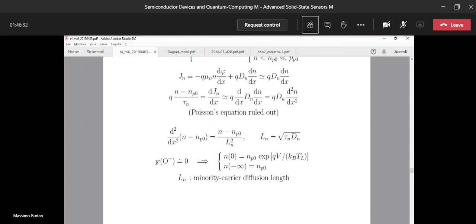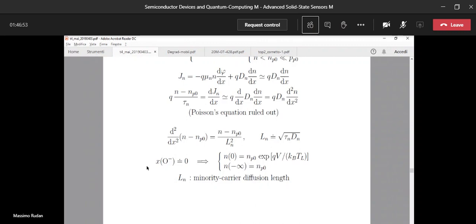So the meaning of x of O minus equal to 0 is, at this point, we decide that the position in which x is 0 corresponds to the point O minus in the material, okay?